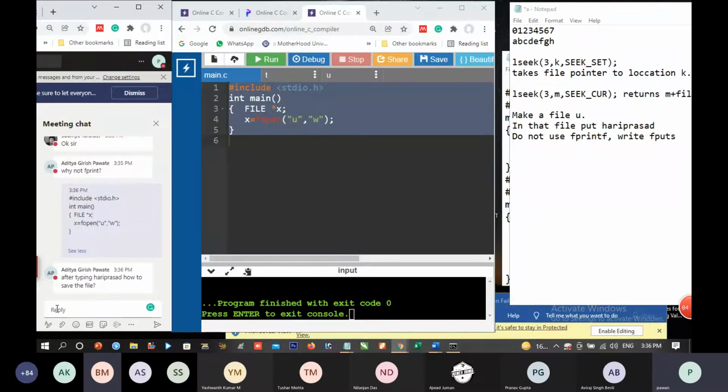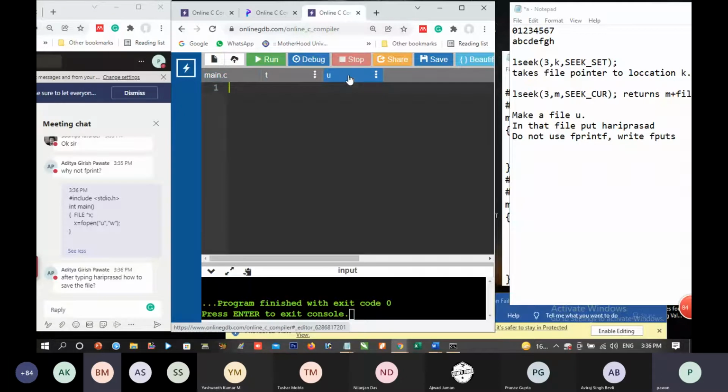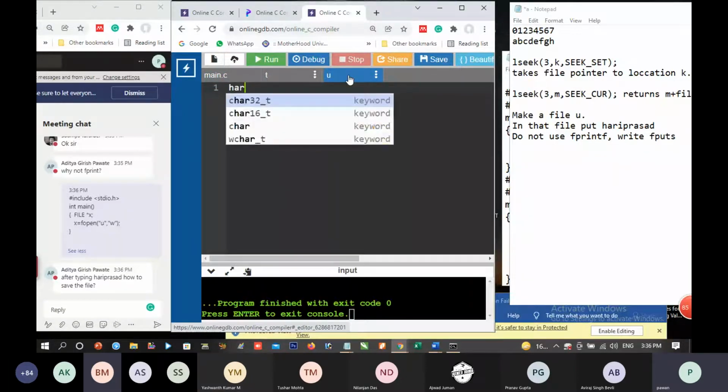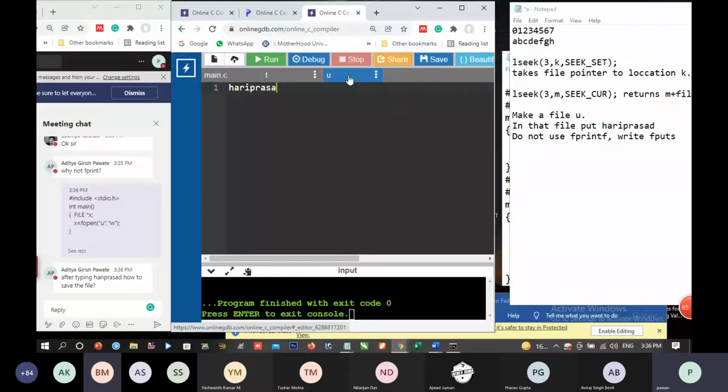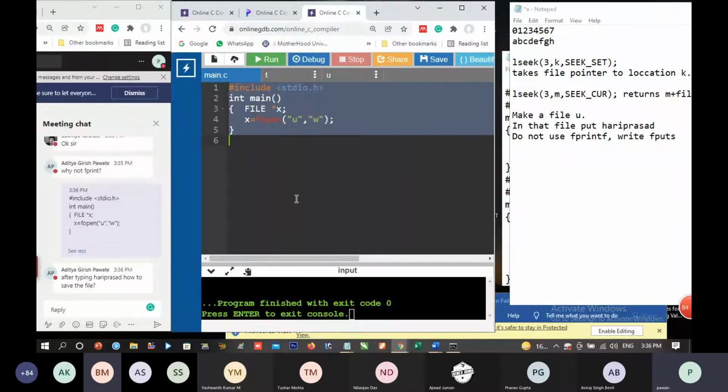You see, you don't have to save the file. Now you go to U and you write Hari Prasad. And afterwards you again come back to main. Is this correct?